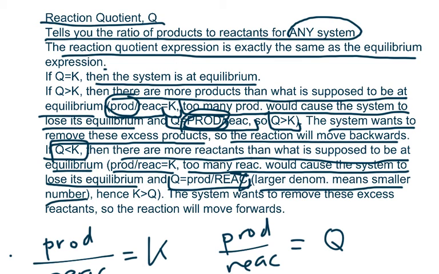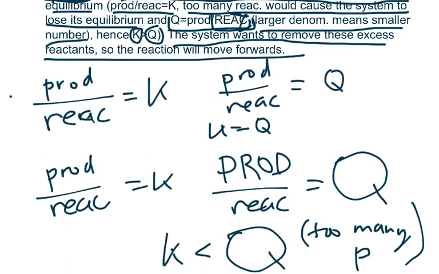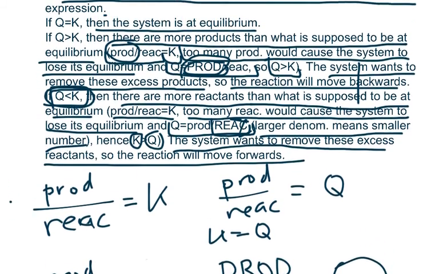So that's why K is greater than Q, since Q has more reactants than normal, so it would have a larger denominator, which would make Q less than K. Now the system wants to remove these excess reactants, so the reaction will move forwards when Q is less than K.